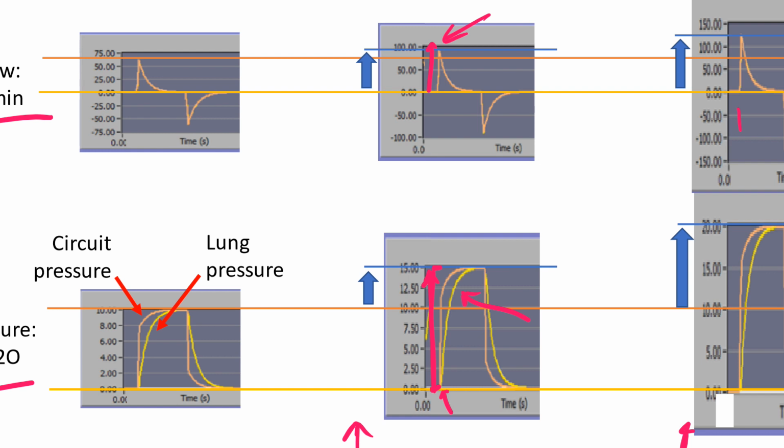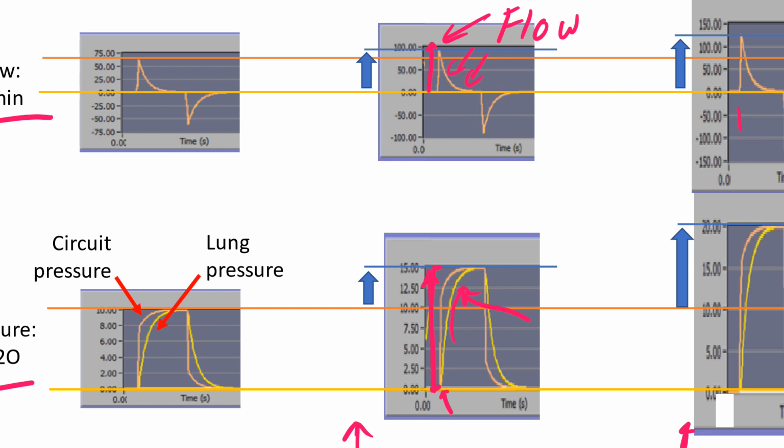We're lucky with the ASL 5000, we can demonstrate those different waveforms. So initially we get this high peak flow, and then it continuously declines as the pressure in the lungs approaches the pressure in the circuit. And that's a critical component.